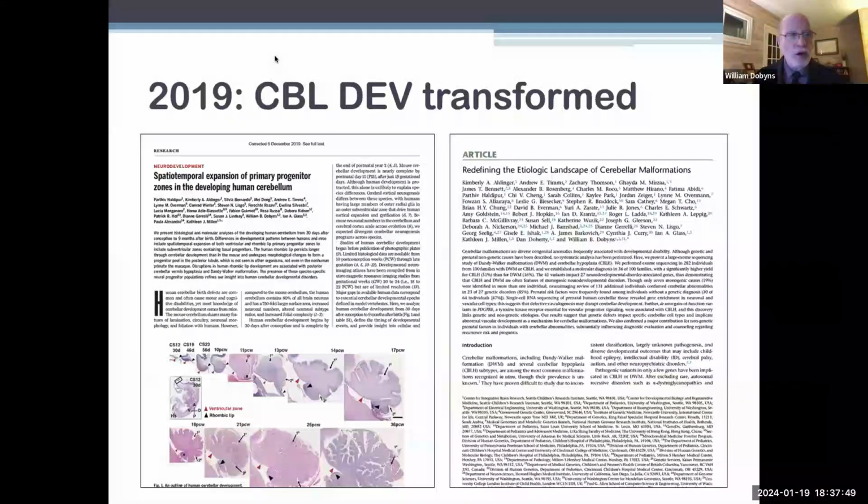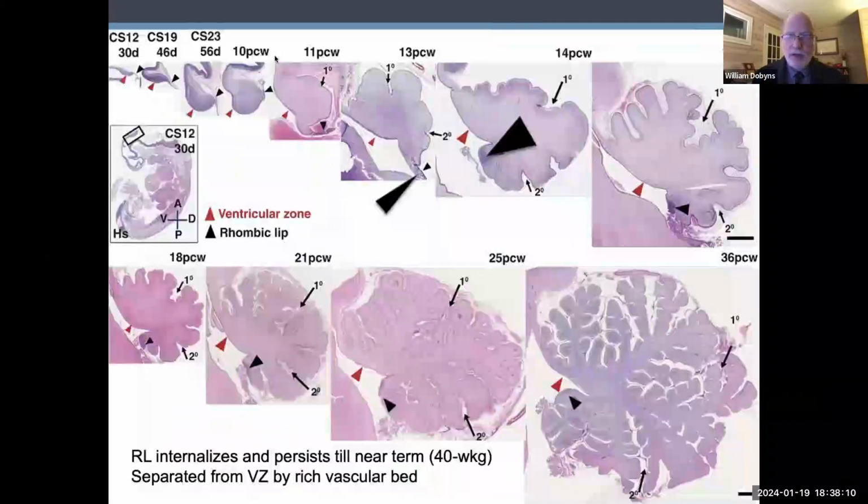So Dr. Yaron already showed one of these papers. These are two papers published in 2019. The one on the right is from my lab, and I'll talk about that later. The one on the left is from Dr. Kathy Millen's lab, who I worked with for many, many years. What this paper did was to completely change our understanding of cerebellar development in humans. Here's the key figure, which Dr. Yaron also showed.